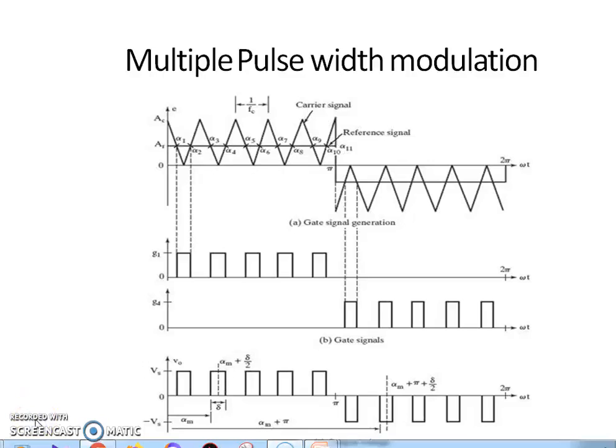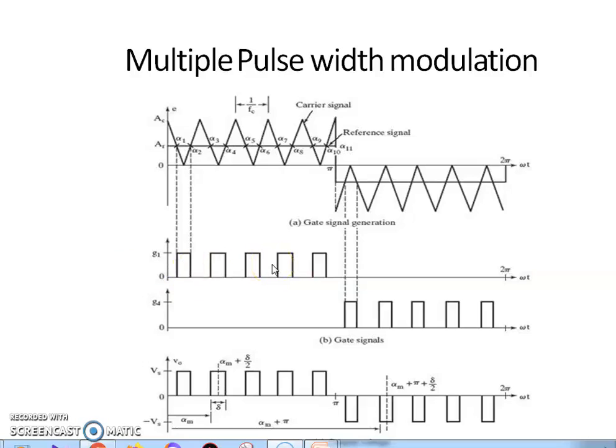The frequency of the reference signal sets the output frequency F0, and the carrier frequency Fc determines the number of pulses per half cycle, small p. Here p is equal to 5, so there are 5 pulses per half cycle.